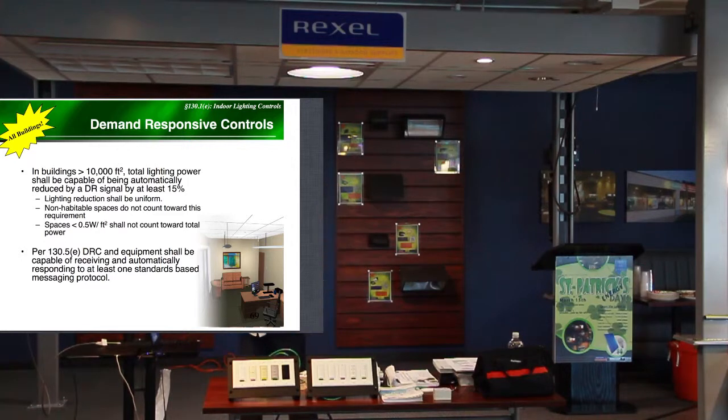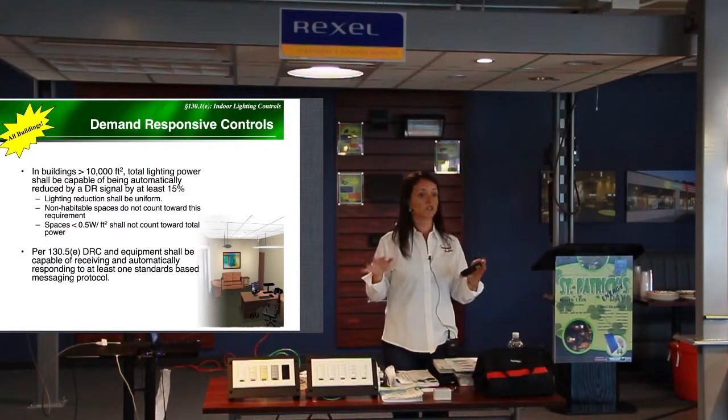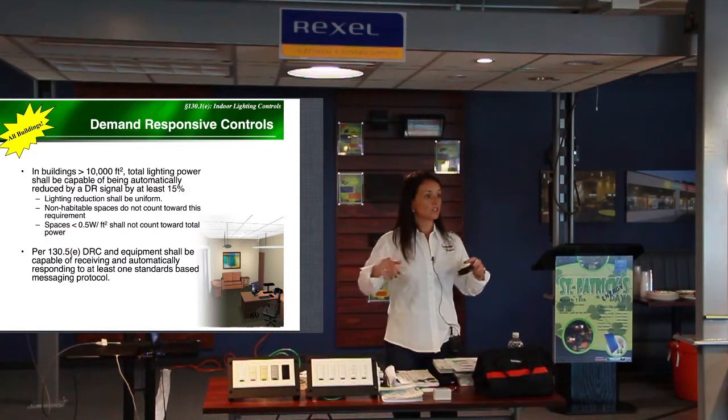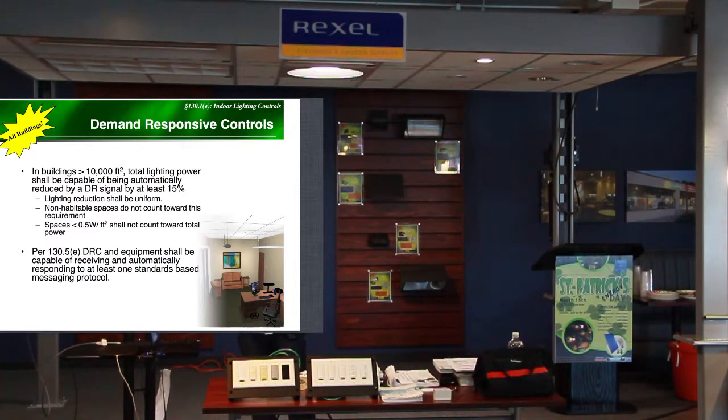Non-habitable spaces do not count. So if I put all the closets out and the electrical room, no, those don't count. It has to be a permanently used space. And the lighting reduction needs to be uniform. So I cannot just turn off that full corridor that represents 15% of the space. Whatever I'm doing, I need to drop 15%.